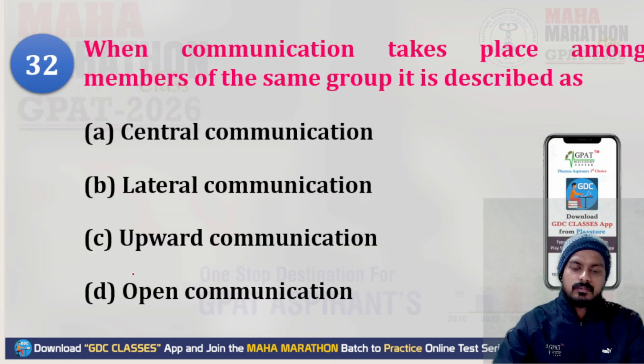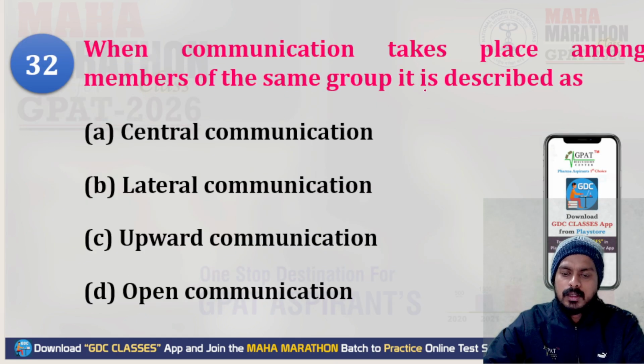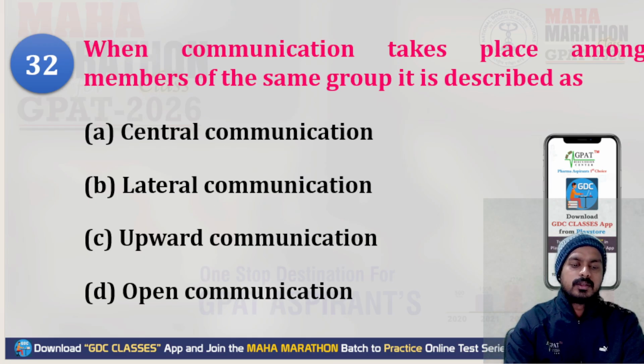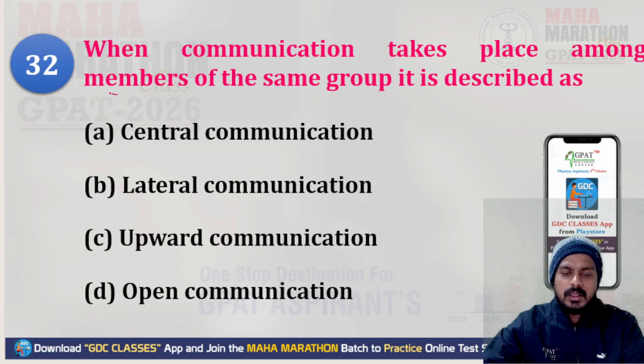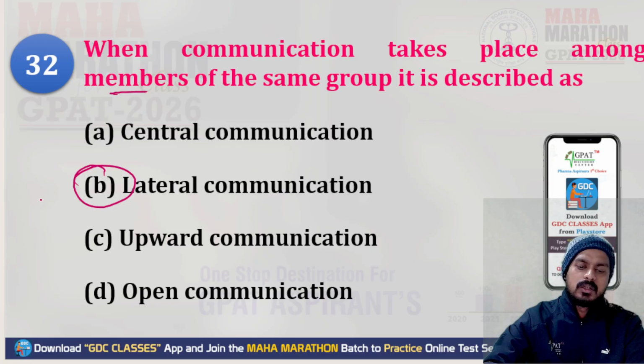Next question. When communication takes place among the members of some group, it is described as central communication, lateral communication, upward communication, or open communication. Communication takes place among the group. So if communication is going on inside the group members, that is called lateral communication.